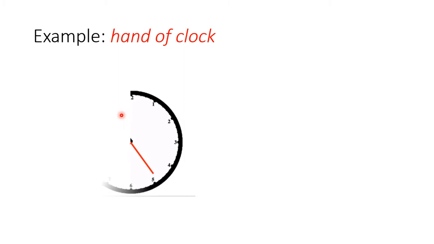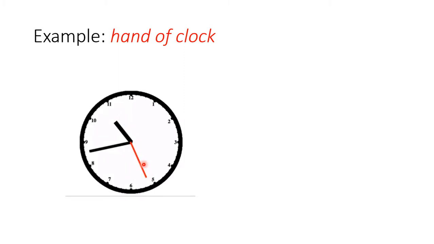And I will give you an example. Suppose if someone asks you what is the example of uniform motion. So the best example of uniform motion is the hand of a clock. Mostly everyone wears a hand watch or wristwatch. So at every second, this red needle covers equal distance in every second.